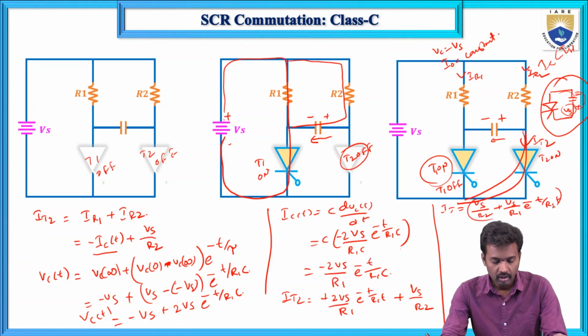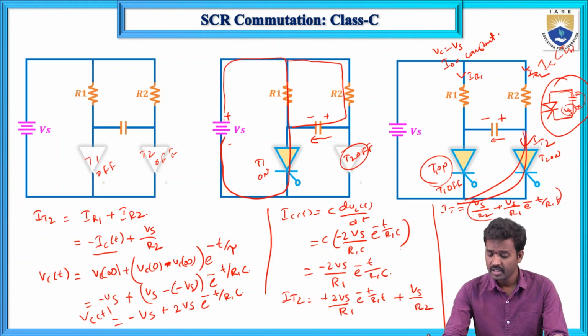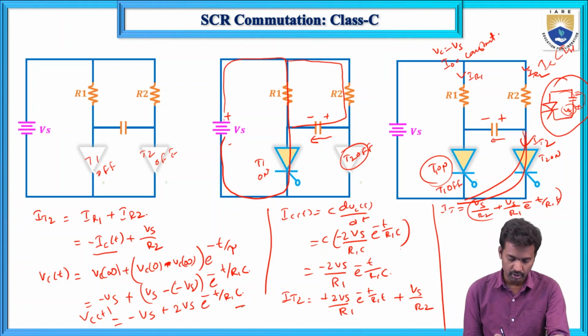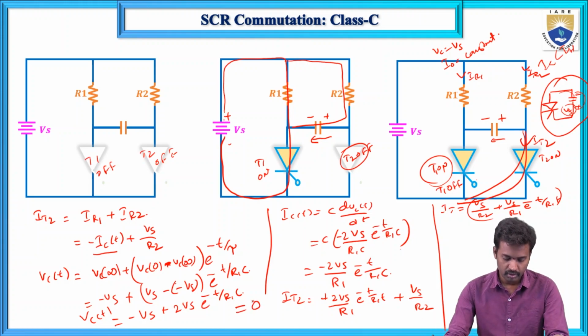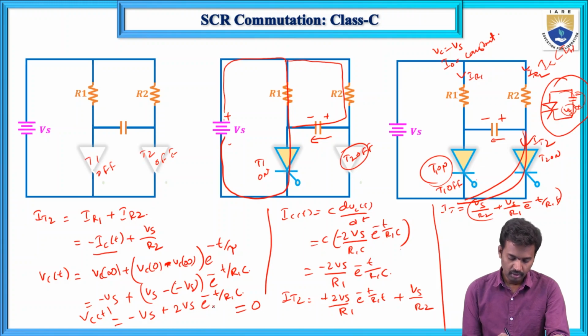Now, what about the circuit turn off time? Turn off time means the time for which the SCR is in reverse bias. For that, VC must become 0. It comes to 0 when t equals R1·C·ln 2.